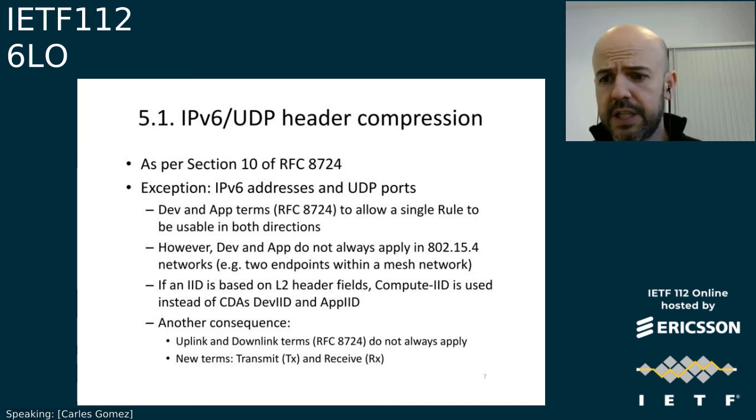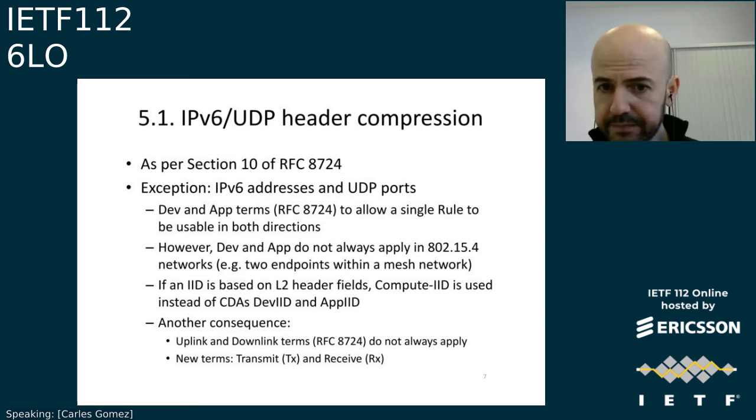In the base SCHC specification, RFC 8724, there are two terms, dev and app, which are related with the underlying architecture that's assumed, where there will be devices like, for example, sensors, here abbreviated as dev, and some application, which might correspond to some entity in charge of centralizing data collection on the network side, here abbreviated as app. And these two terms allow to use a single rule in both directions. So there's no need to have one rule for compressing when we send in one direction and another rule for the other direction.